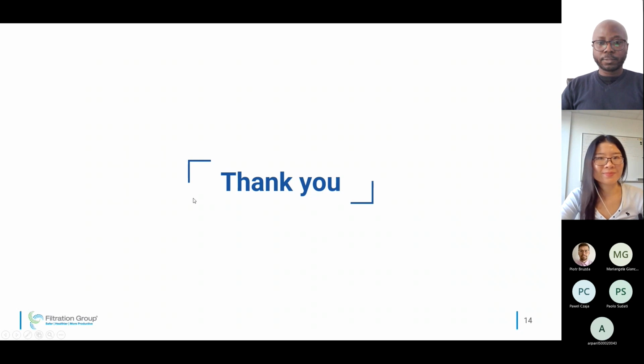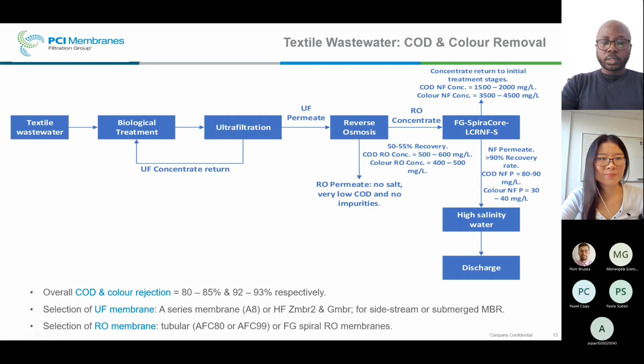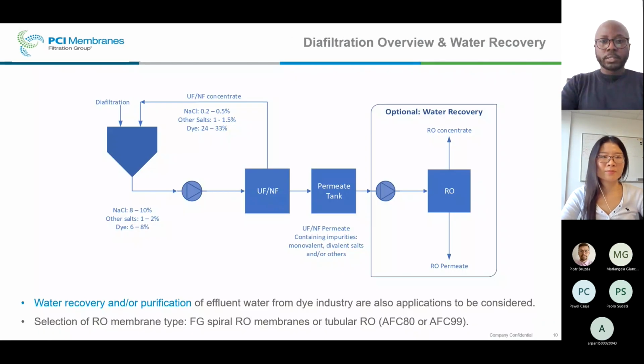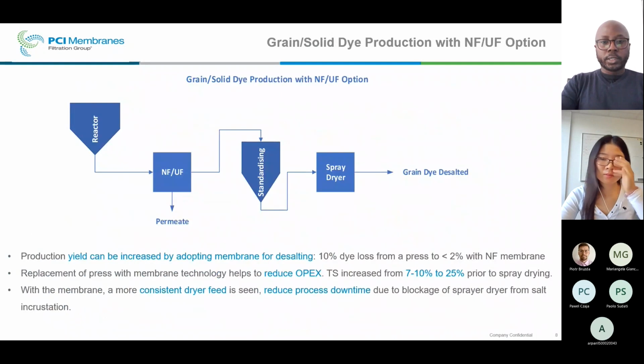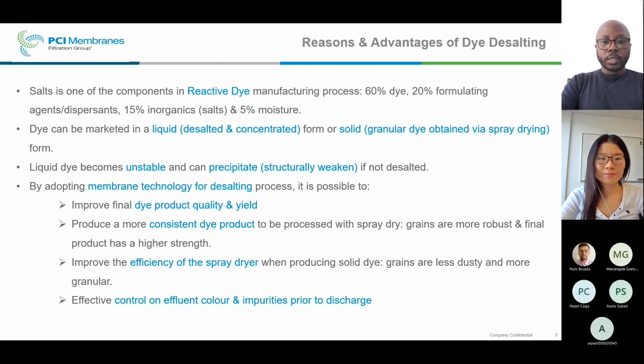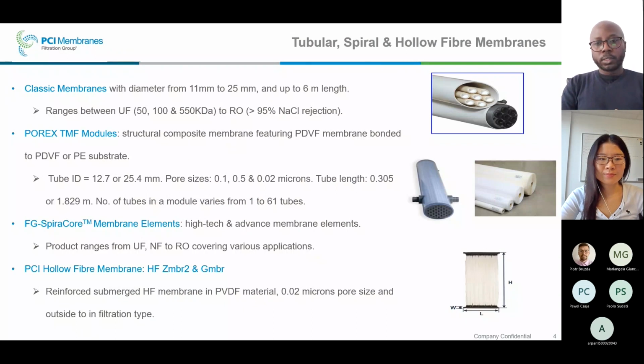Okay, thank you so much for the first question. Of course, we need to try to understand the differences between the tubular and the spiral membrane configuration. First and foremost, the tubular membranes are called open channel, which allows them to be used with a certain crossflow velocity, which helps to introduce the so-called scouring effect within the diameter of the tubes that reduces the fouling potential over time with the membranes.